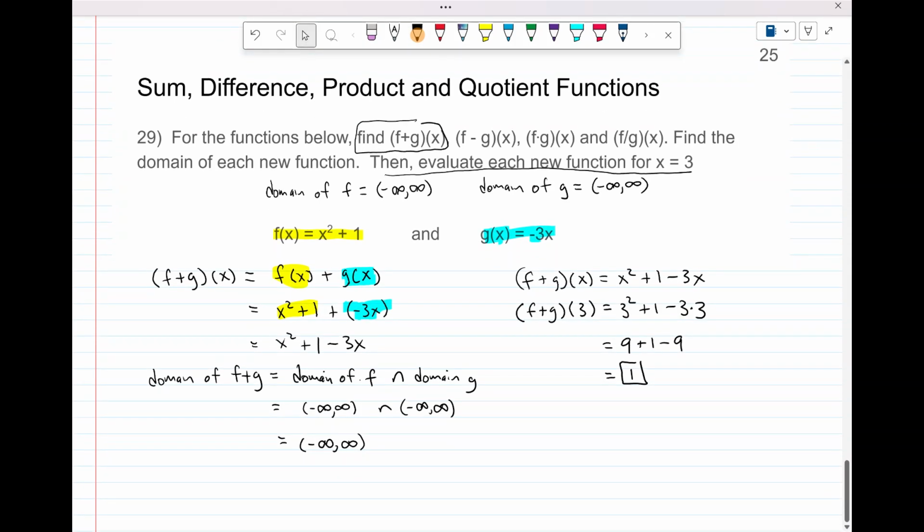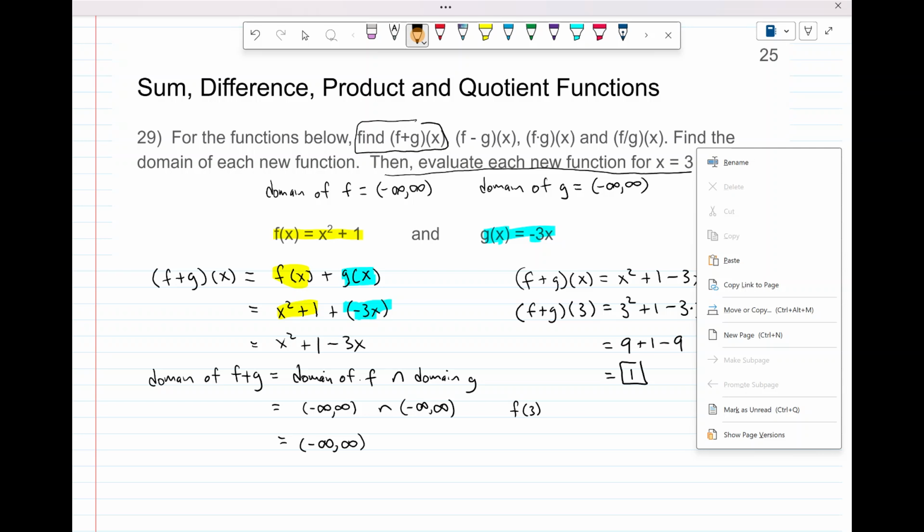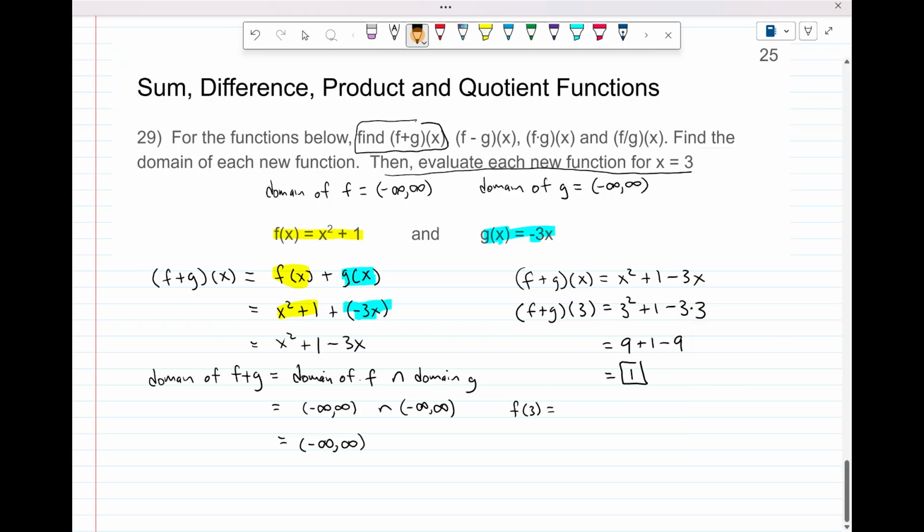Here is one thing I want to point out, and you don't need to do this if you see a problem like this, but I just want you to understand what f plus g of x actually is. If I plug in 3, f of 3 would be equal to 3 squared plus 1, which is 10. g of 3 is equal to negative 3 times 3, which is negative 9.